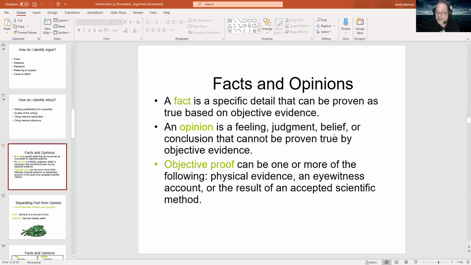An opinion, well, it can be a feeling, judgment, a belief. In my opinion, Inter Milan is the greatest soccer team in the world. But in order to have that opinion transition into an objective analysis regarding what is the best soccer team in the world, I need objective proof.